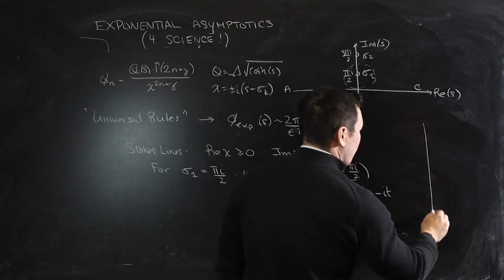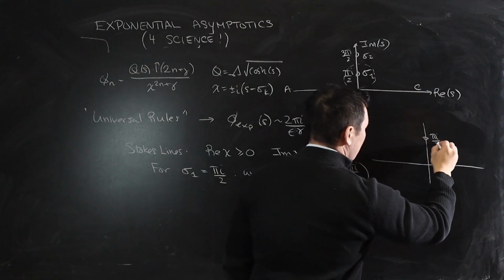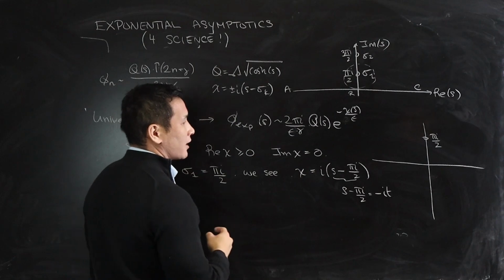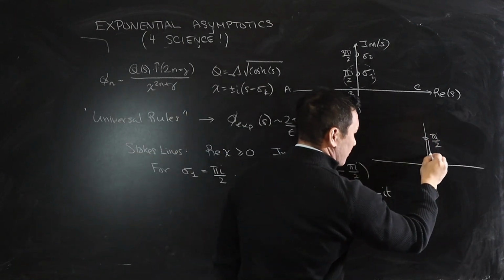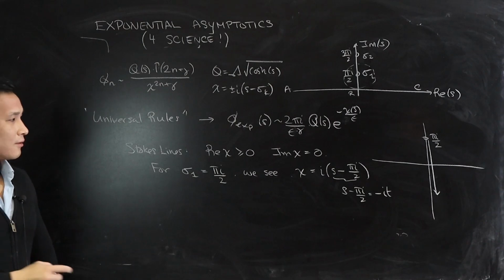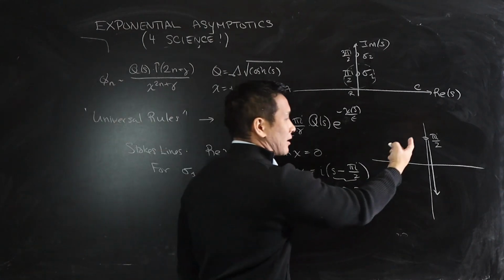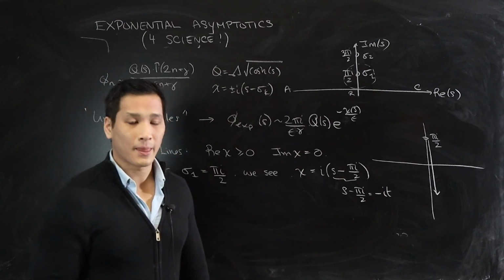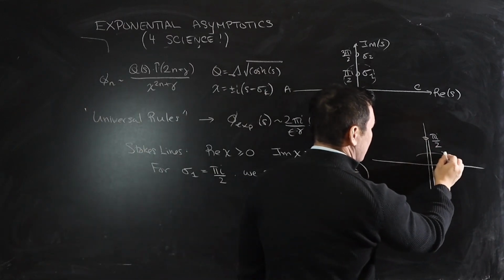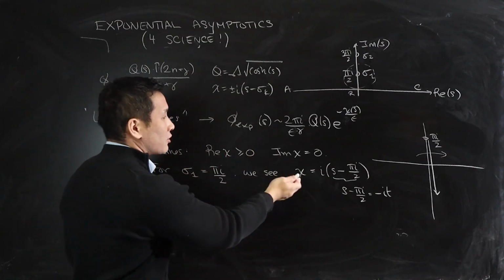So in other words, if I look at that singularity at pi I over 2, and I take this chi, the one with the positive I, then along the imaginary axis going downwards, this condition is satisfied, and you would expect that along this line, that's a Stokes line. So as you go in the complex plane and you cross this line, you're going to switch on this exponential with this chi.